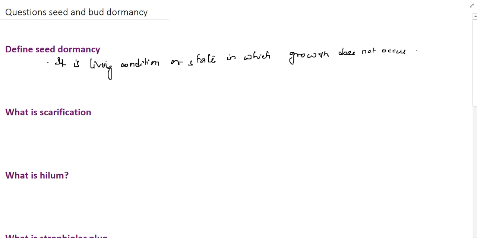So growth will not occur under conditions that are unfavorable. Under the favorable condition only the seeds will grow, and when the environment is not favorable, the seed becomes dormant. That means it is still alive but in the resting stage.